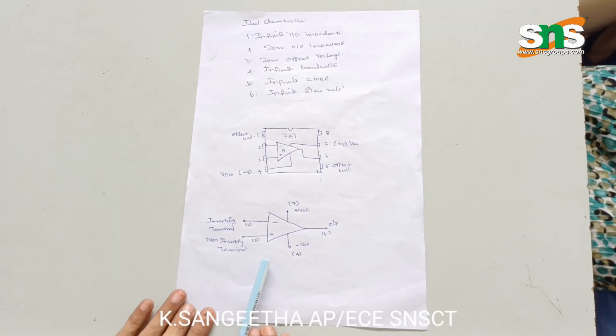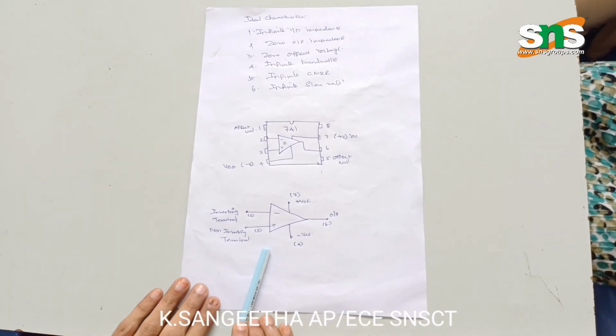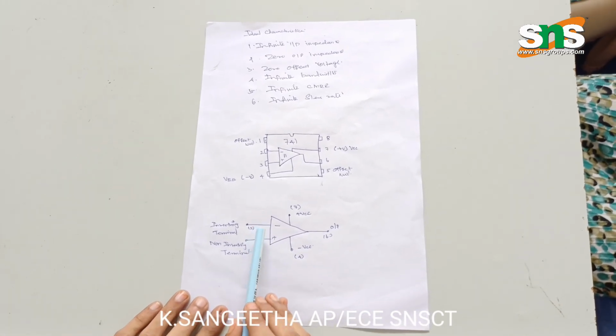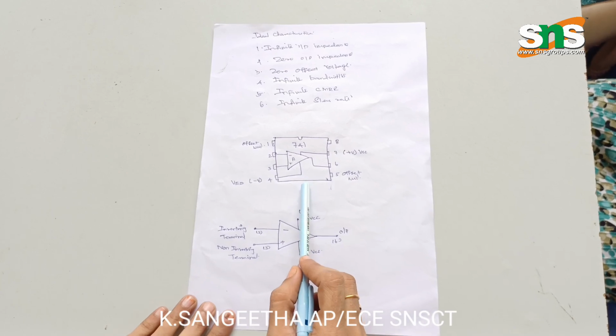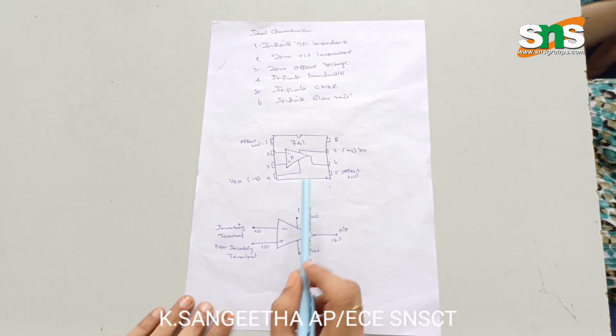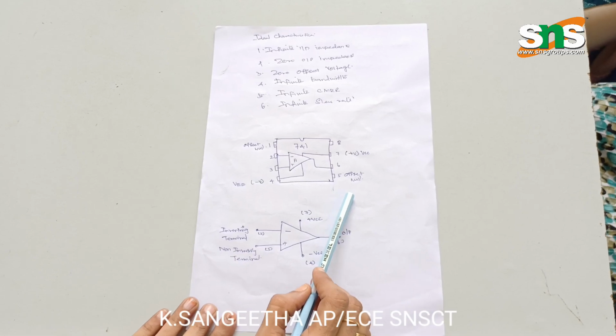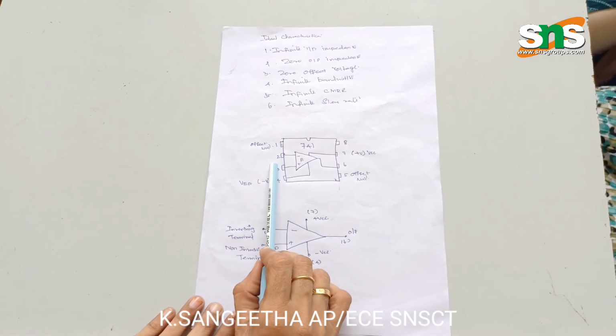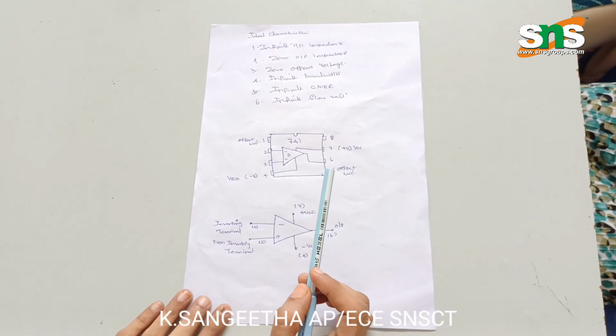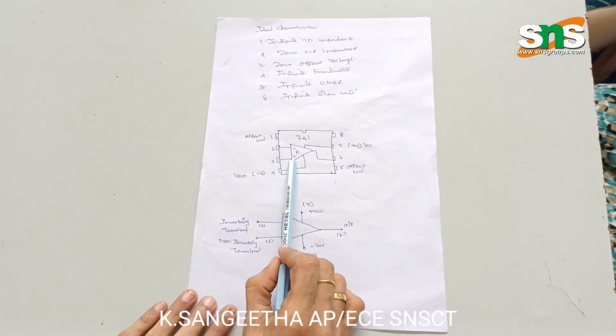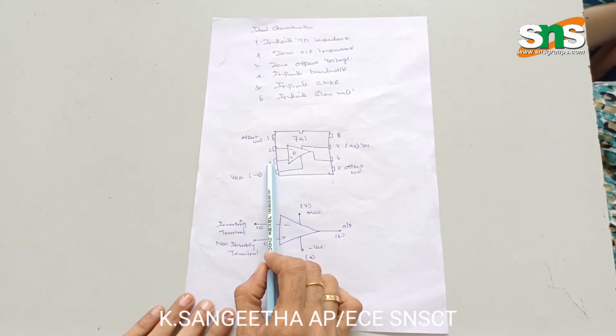This is the symbol of the operational amplifier. It is an 8-pin IC. The first pin is offset null; pins 1 and 5 are offset null. The second pin is the inverting terminal. The third pin, the plus symbol, is the non-inverting terminal.